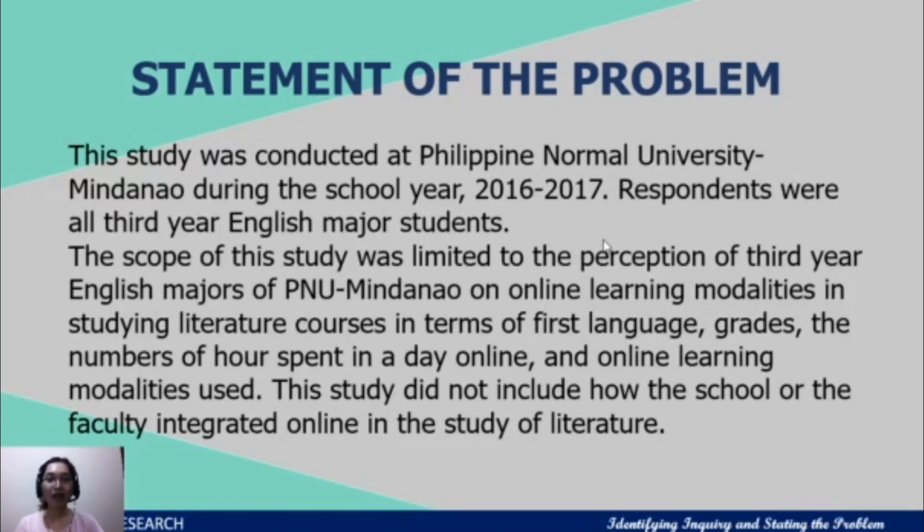Alright, next sentence. Respondents were all third-year English major students. So, dito na, it answers the question, how many participants? So, this one, hindi siya nakaspecify since it says that all third-year English major students were included in the study. But in your case, you may specify the specific number or digit that is included in your study.